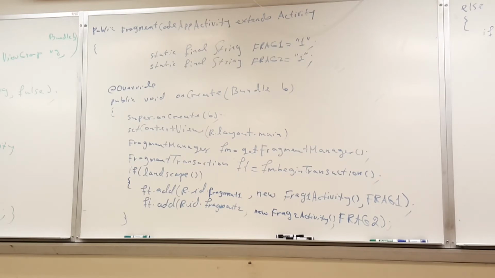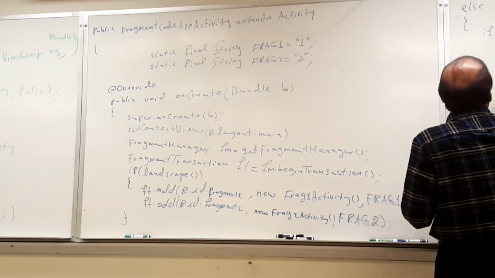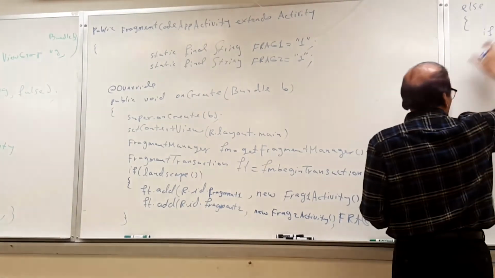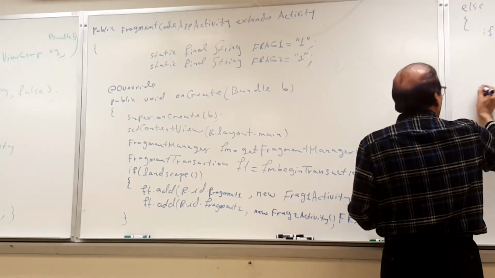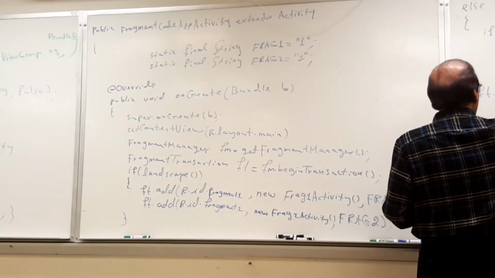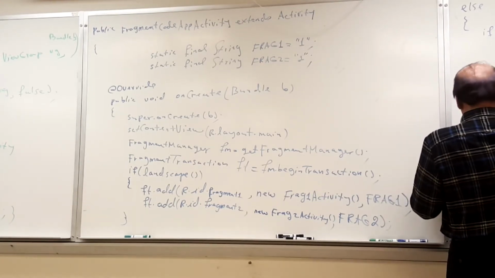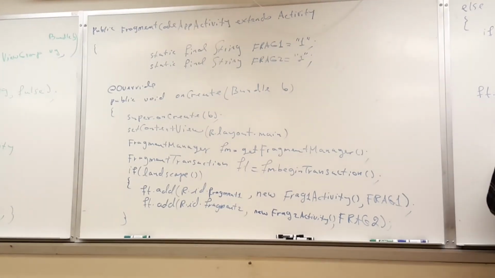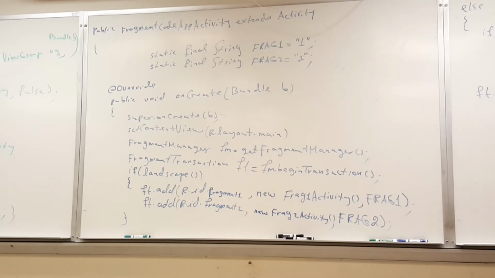Okay. And after that, add ft. So this is under this if statement, but right up here, I'm going to put ft dot add R dot id dot frag1, comma new frag1 activity, comma frag1.